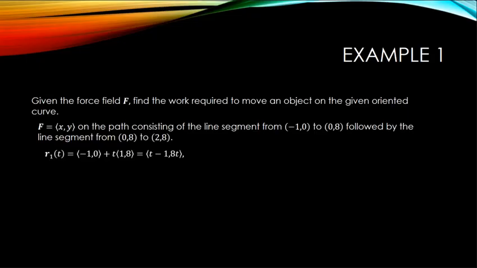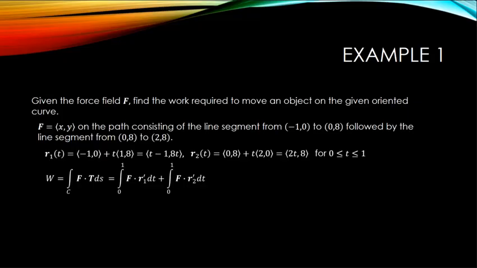There's an r sub 1 of t, which is given by the vector -1, 0 plus t times the vector 1, 8, which is equal to the vector with components t minus 1 and 8t. r sub 2 of t is equal to the vector 0, 8 plus t times the vector 2, 0, or the vector with components 2t and 8. These are both paths in which my parameter t will lie between 0 and 1.